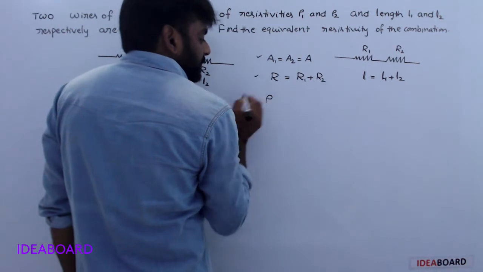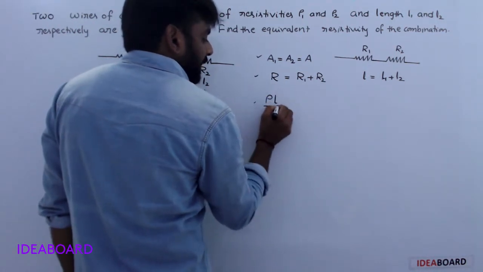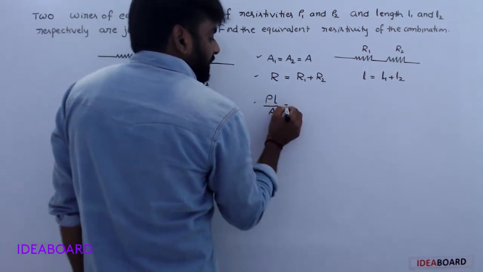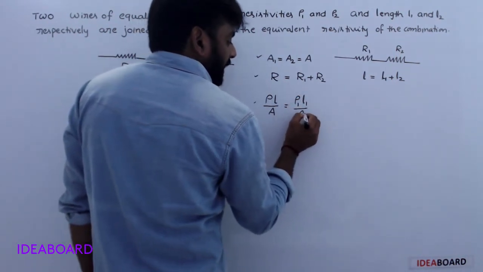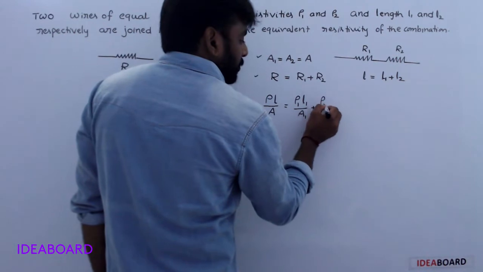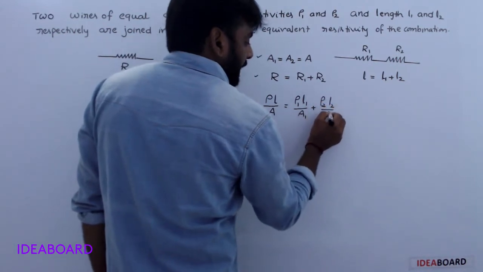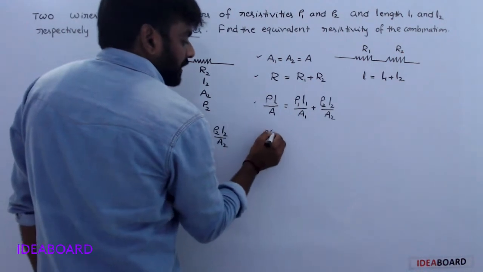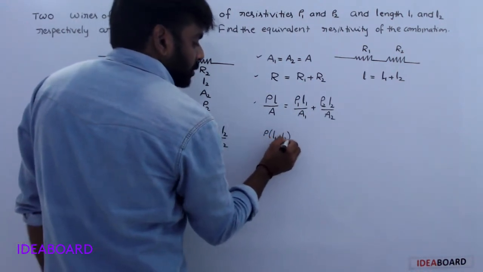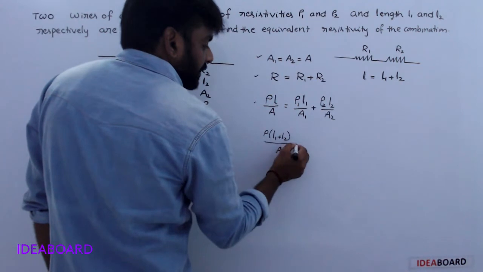R is written as rho L by area, which is equal to rho 1 L1 by A1 plus rho 2 L2 by A2. Here L is L1 plus L2.